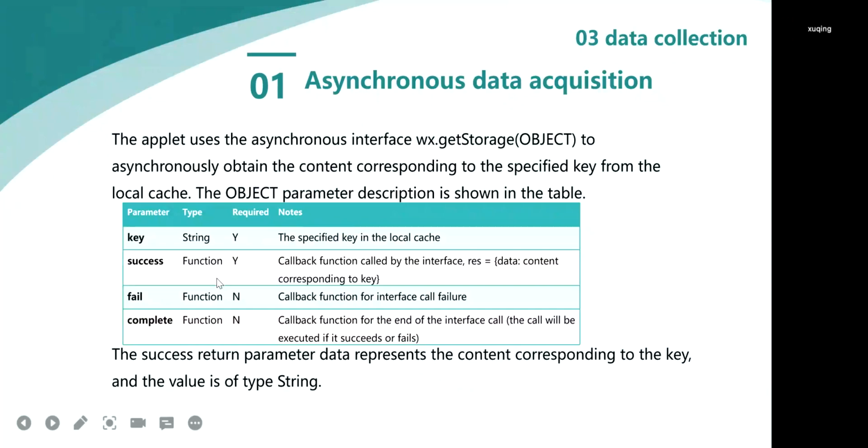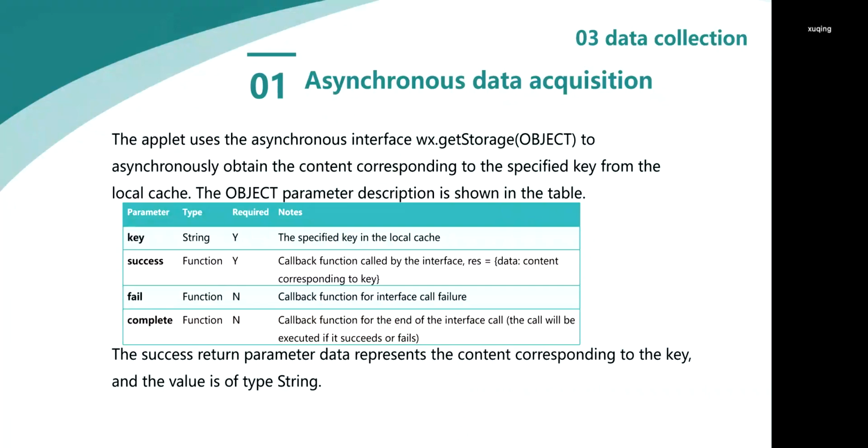We have 4 parameters. You see these 4 parameters are different from the set storage interface. Key, success, fail, complete, these 4 parameters also exist in set storage.